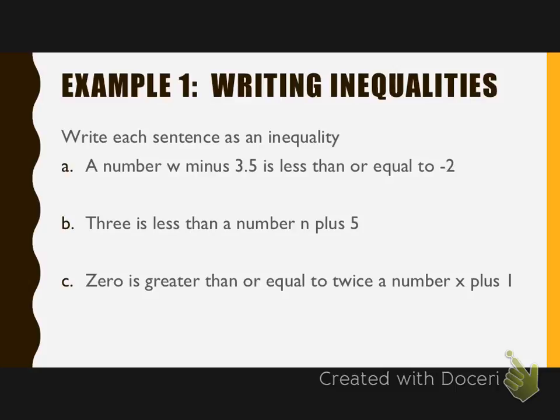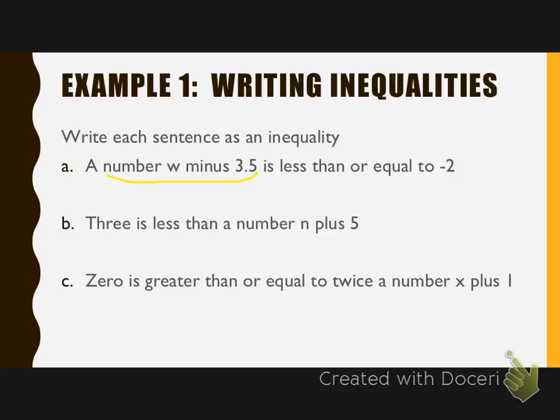When we're looking at this, it says, write each sentence as an inequality. So if we're looking at this, it says a number W minus 3.5 is less than or equal to negative 2. So you're just going to break this up right here. You're going to say, okay, this section right here, a number W minus 3.5.